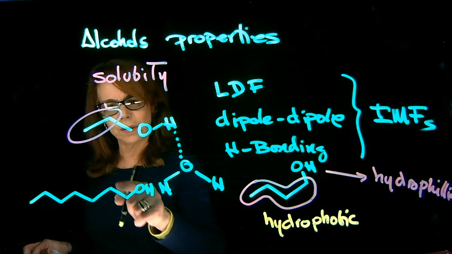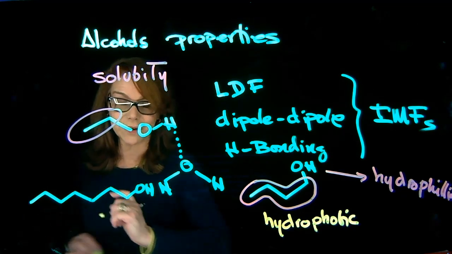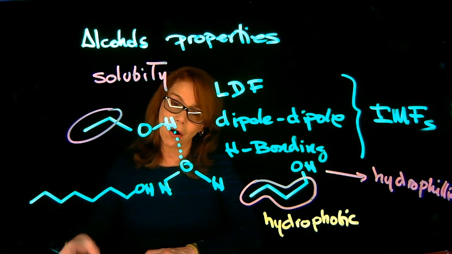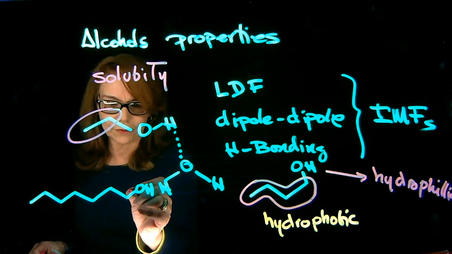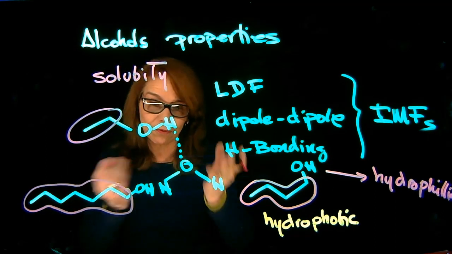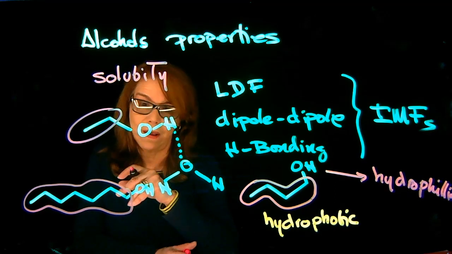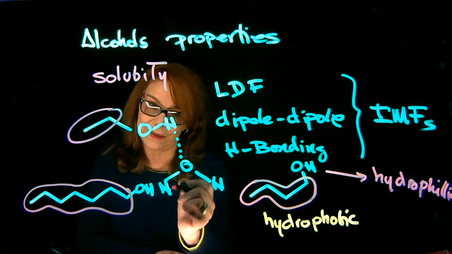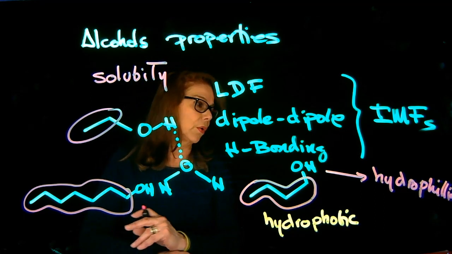Now we have here 1, 2, 3, 4, 5, 6, 7 carbons. That is insoluble in water, and it is because now the part that is hydrophobic is much larger. So this compound is more hydrophobic than it is hydrophilic. It will then be insoluble in water.